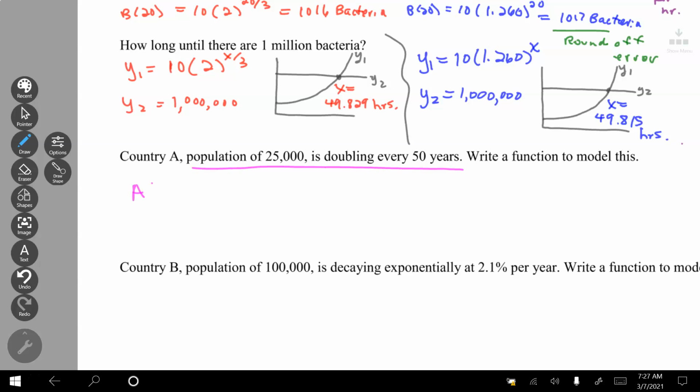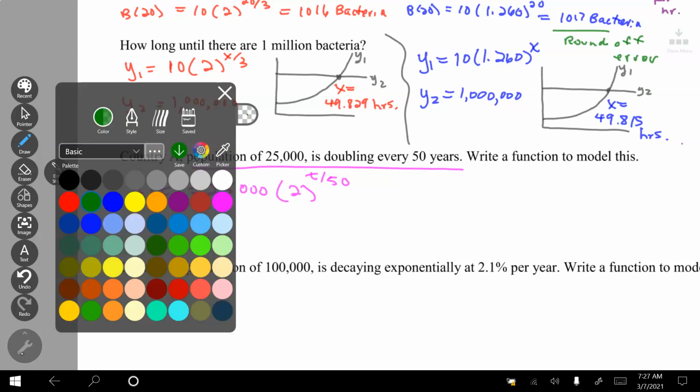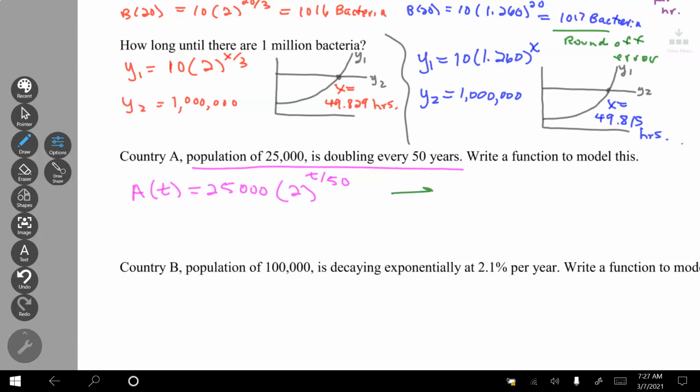Okay, let's write a model for a function for country A. Well, the population of A is going to be 25,000, doubling every 50 years, t over 50. Now, I could also convert this and do 2 to the 1 over 50th power, which I get about 1.014.